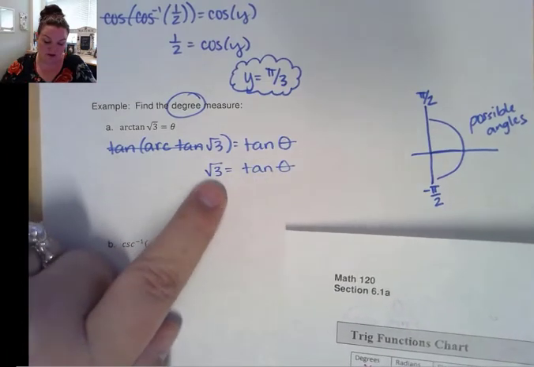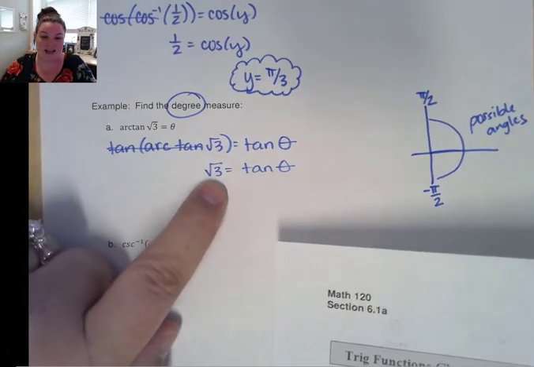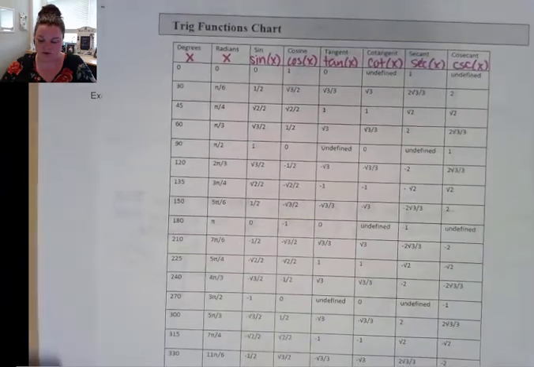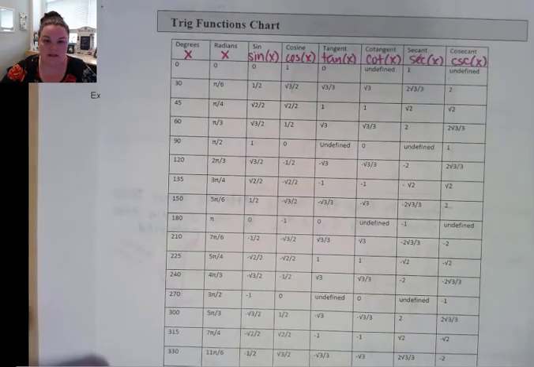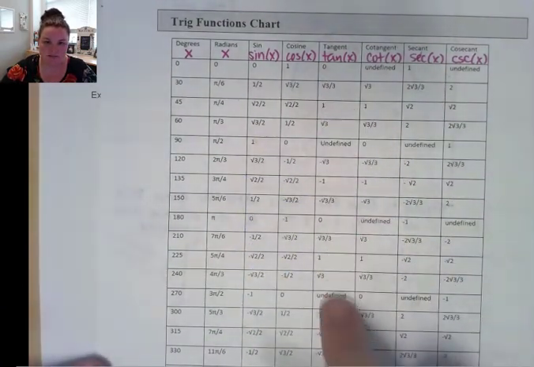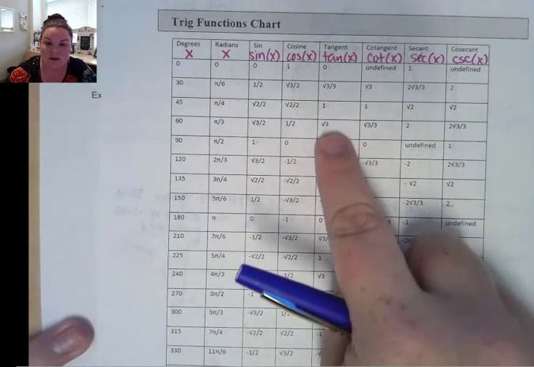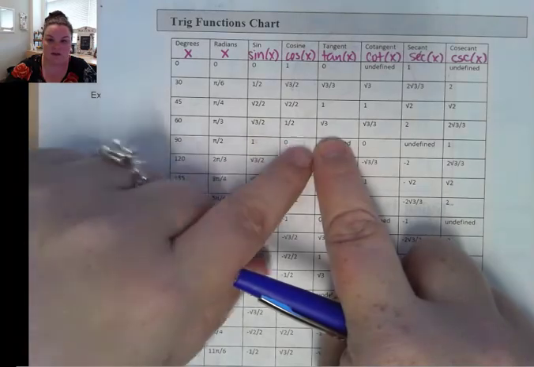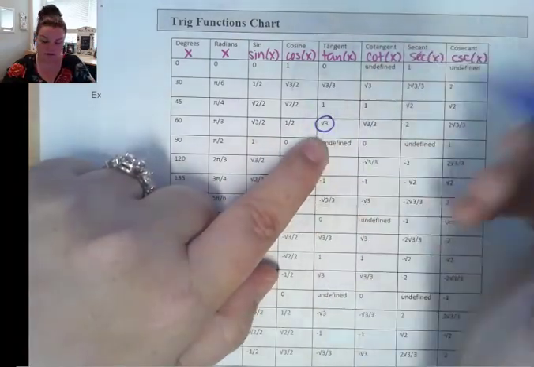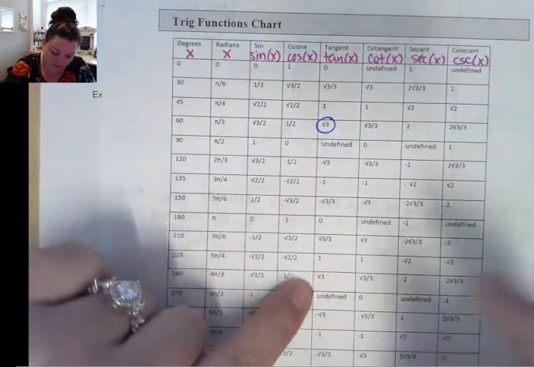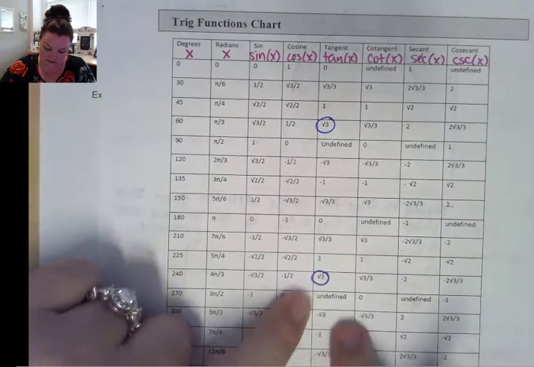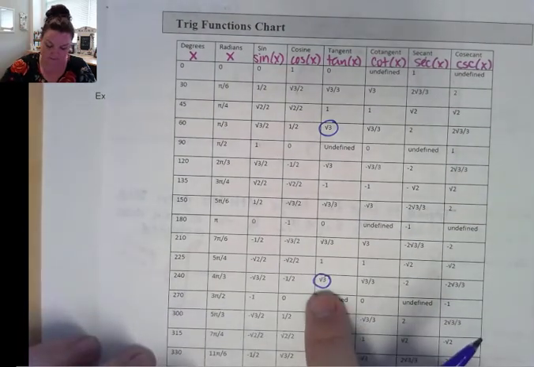So I'm trying to figure out which angle has a tangent value of square root of 3. When I look at this chart, I'm looking for the tangent column, and I'm looking for square root of 3. So I'm going to come down here until I find a square root of 3, and there's one right there. And there's one right there.